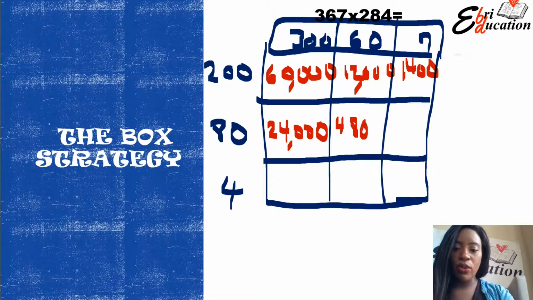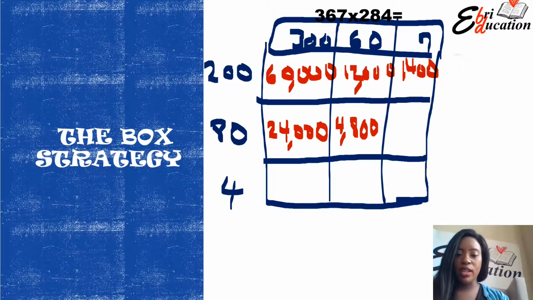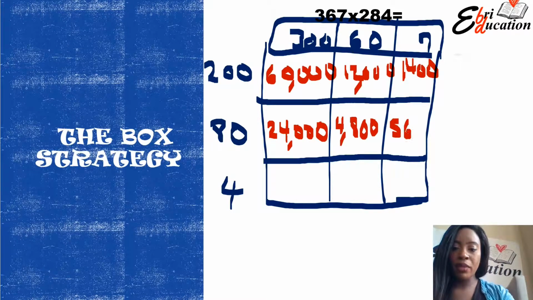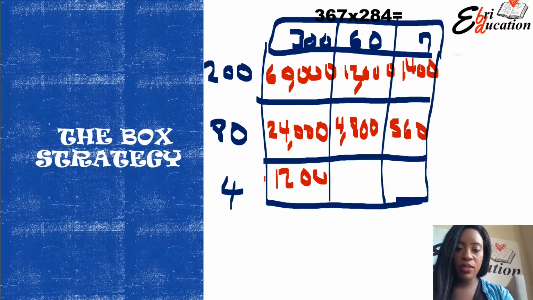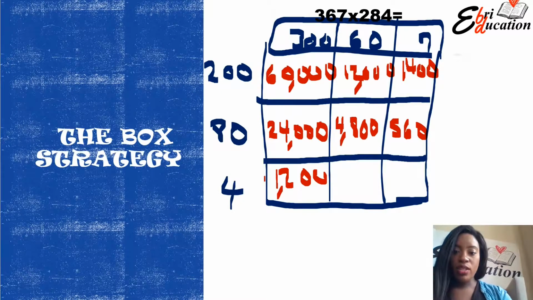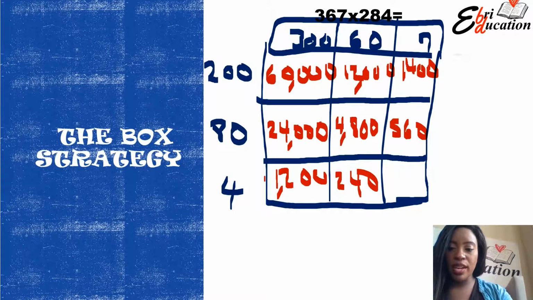Add those 2 zeros, that gives us 4,800. 8 times 7 gives us 56. Add that 0. So 4 times 3, 12. Add those 2 zeros. 4 times 6 gives us 24. Add that 0. 4 times 7 gives us 28.